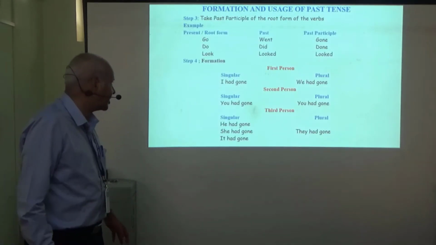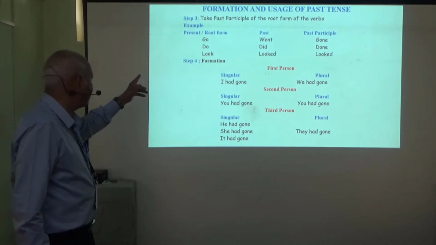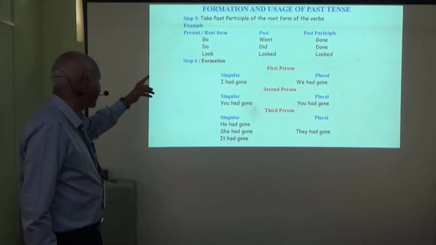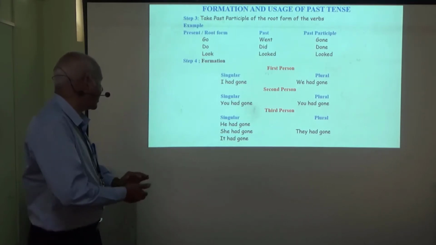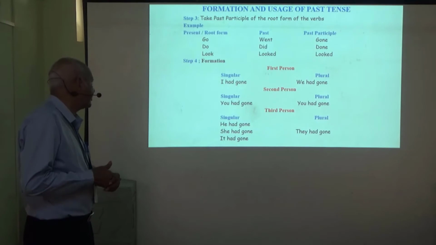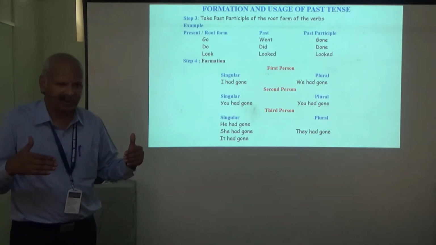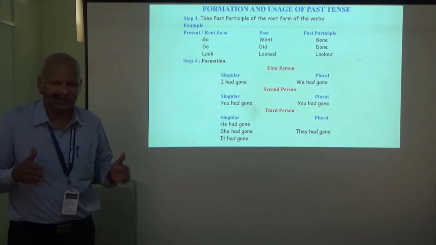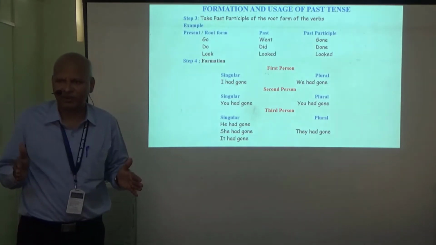Then third step, take the past participle of the root form of the verb. Here you see third step, past participle. Every verb is formed into three forms: present form, past form, and past participle form.